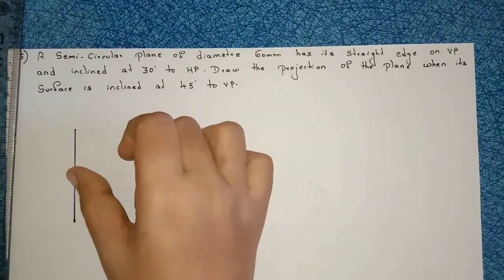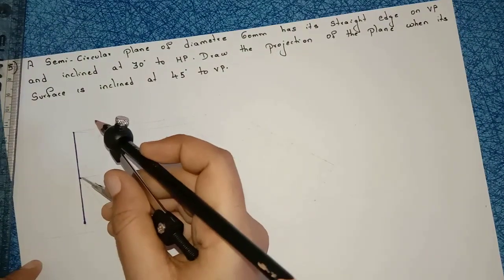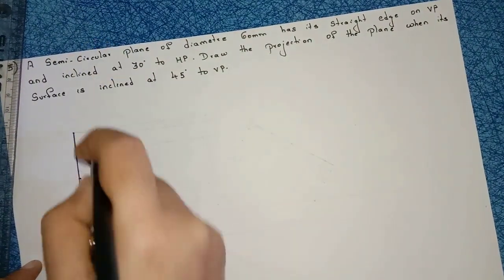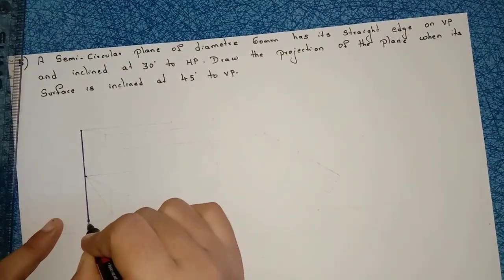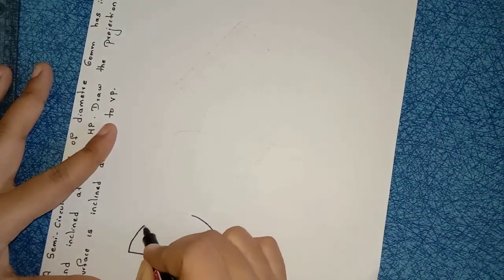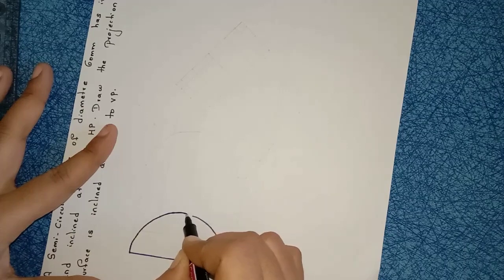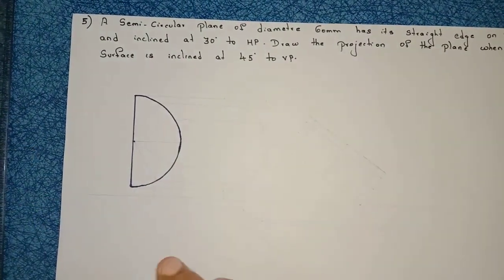Now keep your compass here, take this radius and draw the semicircle. So I have constructed a semicircle here. Diameter is 60 mm.